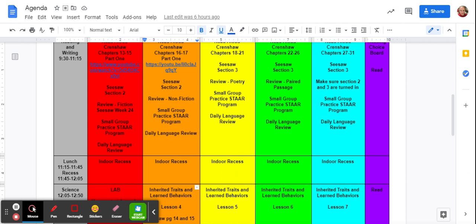So if you go down to inferencing, when you're inferencing, you're just taking what you know from what you read and your own experience and making conclusions. Then central idea, what is this section mostly about? Context clues, what best helps you understand the meaning. So we know words can mean several different things.